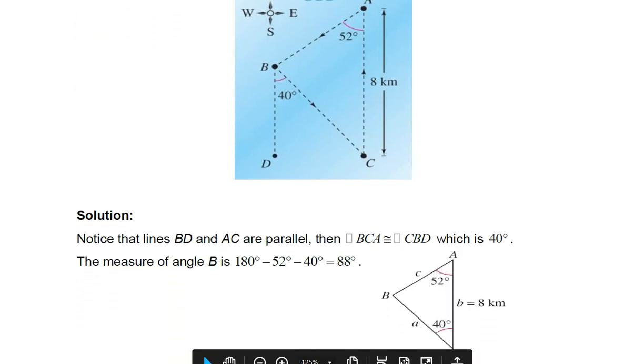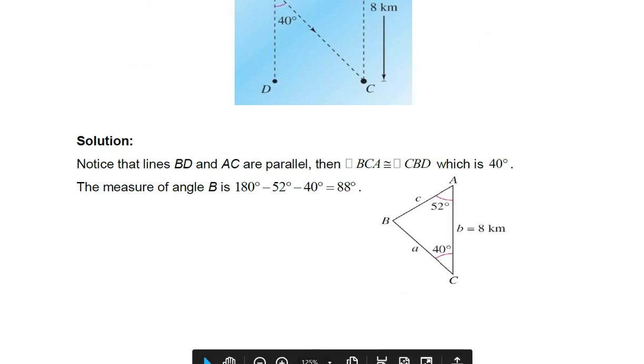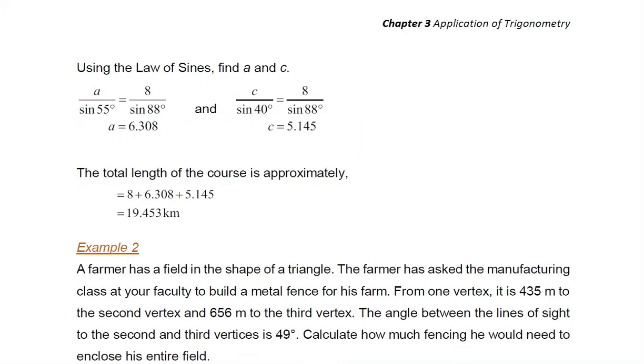Since we already know the 40 degrees, because it is the same angle as here, this angle is actually just 88 degrees. So you can use the law of sines for case 1 to solve for A and C, but that's not the answer.